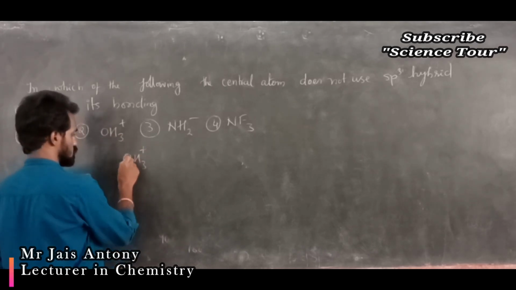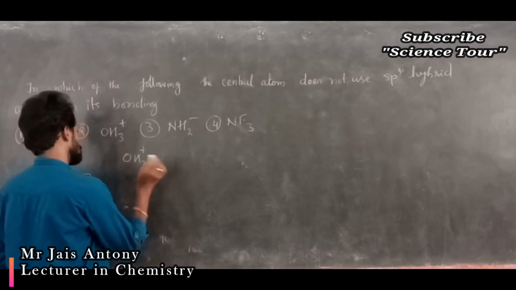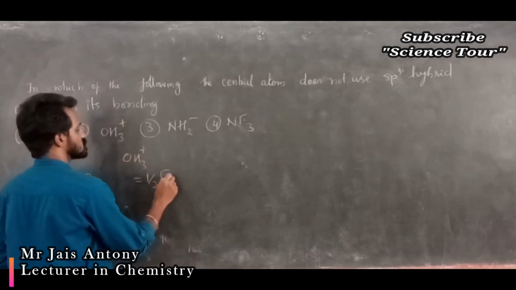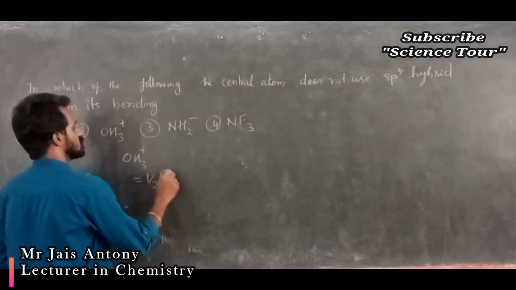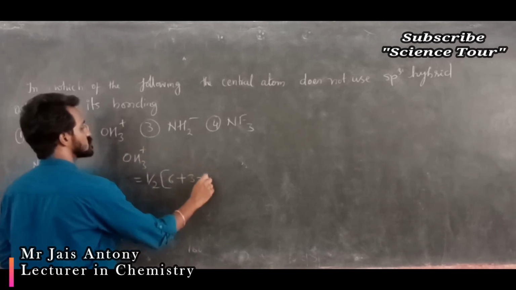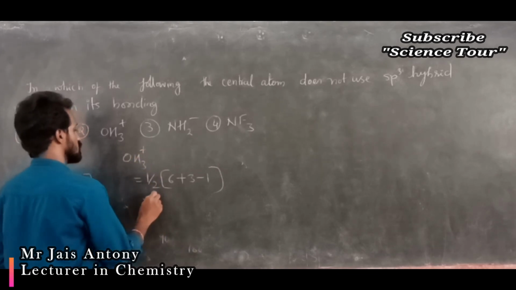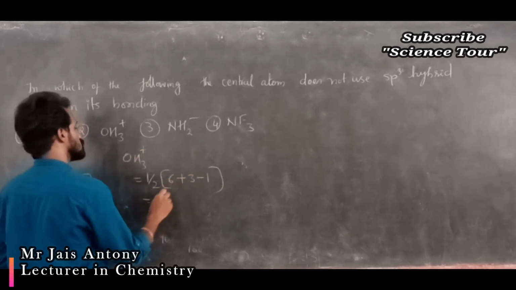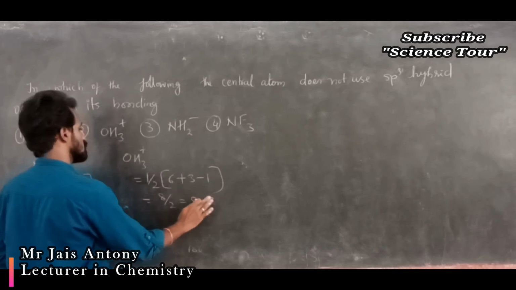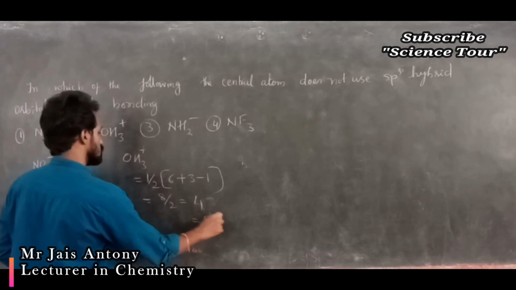Oxygen is the central atom, 6 valence electrons, plus 3 hydrogen atoms, minus 1 for the cation charge. 6 plus 3 is 9, minus 1 is 8, divided by 2 is 4, so sp3.